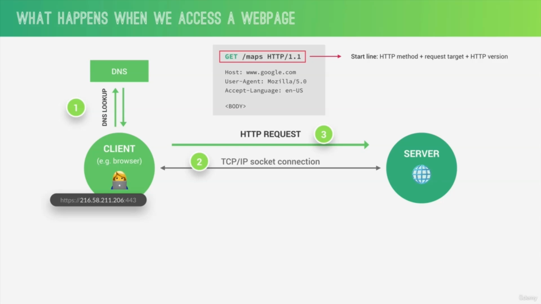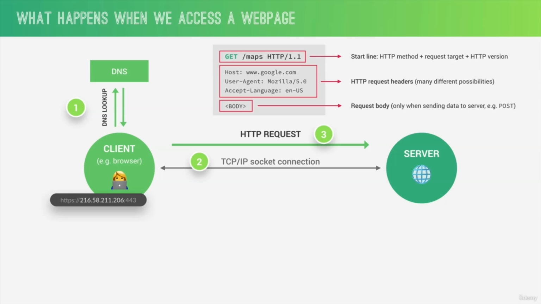Then, the next part of the request are the request headers, which is just some information that we send about the request itself. And there are tons of different headers available, like what browser is used to make the request, at what time, the user's language, and many others. Finally, in the case we're sending data to the server, there will also be a request body containing that data, for example, coming from an HTML form.